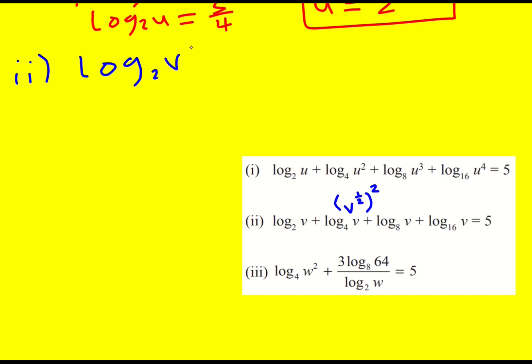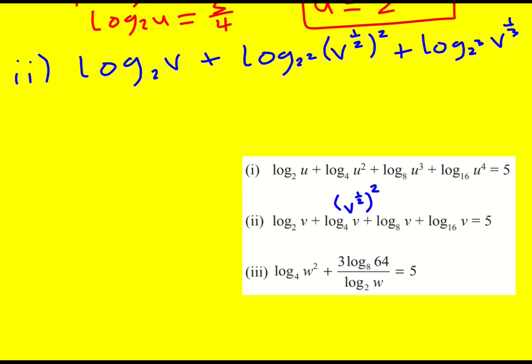So log to base 2 of v plus log to base 2 squared of v to the half squared plus log to base 2 cubed, and then I can make it v to the third cubed, plus log to base 2 to the 4, v to the quarter to the 4 is equal to 5.